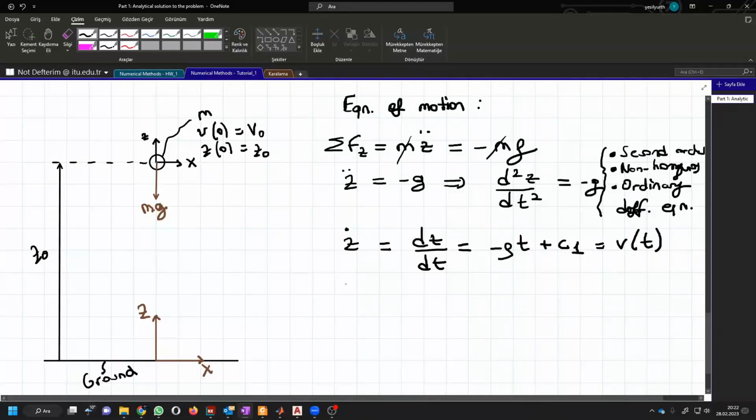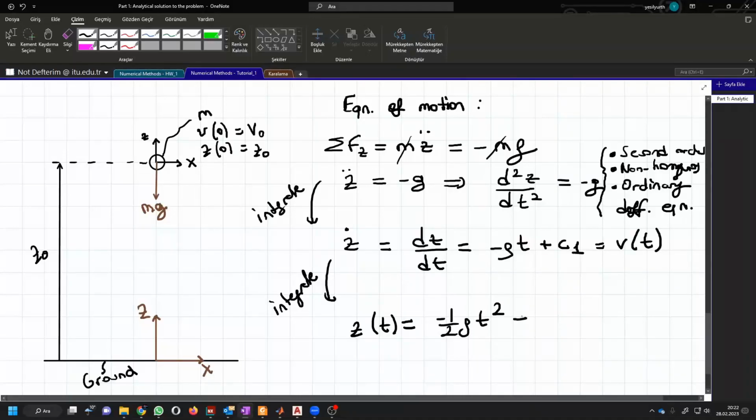If we integrate this one again, z of t will be equal to minus 1 over 2 gt square plus c1 times t plus c2.